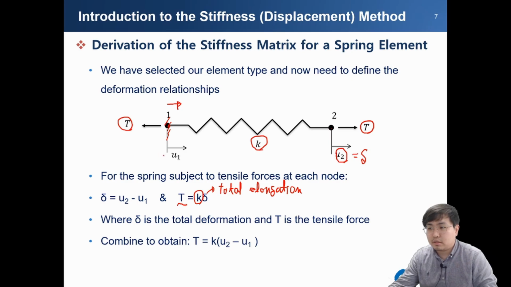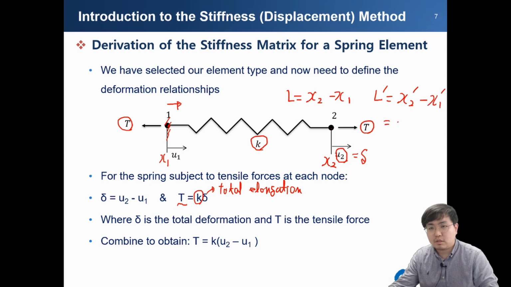So we can say that with the exact coordinates of each nodal point, the total initial length is equal to x2 minus x1. After being deformed by this external force, the x2 position goes to a new position. To understand more easily, I prepared a new position, and the first nodal point also moves in some direction.